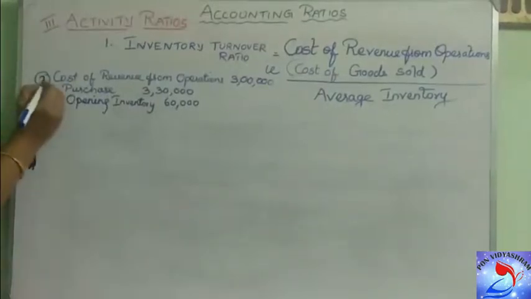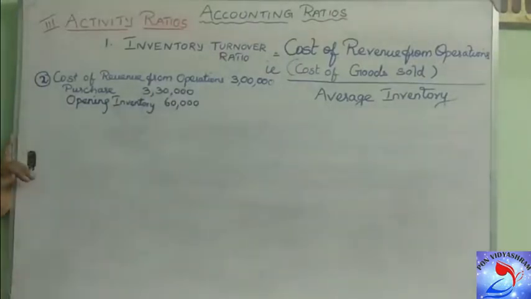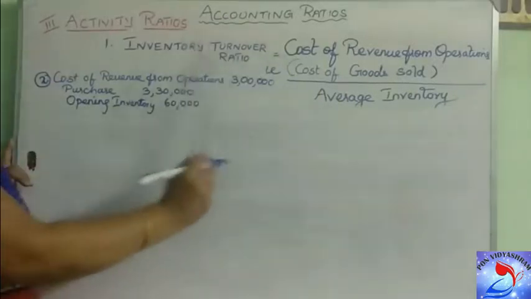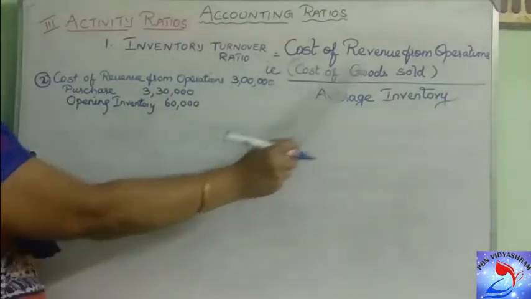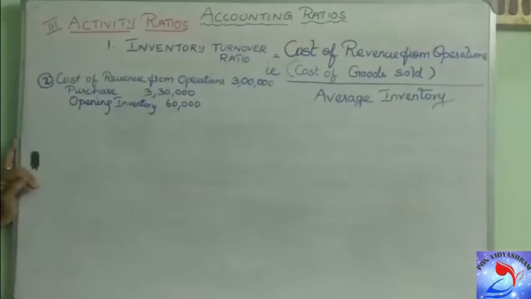Now the second sum: they've given you cost of revenue from operation 3 lakh, purchases 3,30,000, and opening inventory 60,000. Inventory turnover ratio is equal to cost of revenue from operation divided by average inventory.